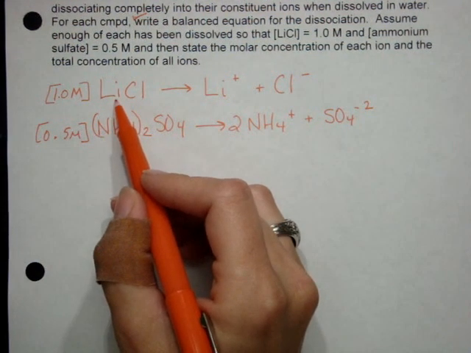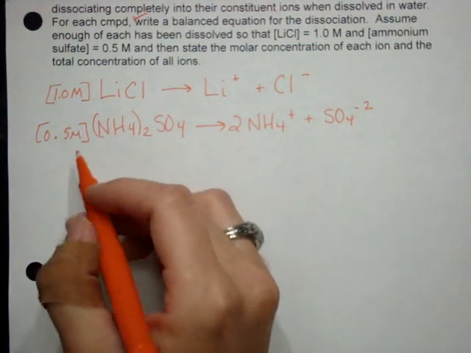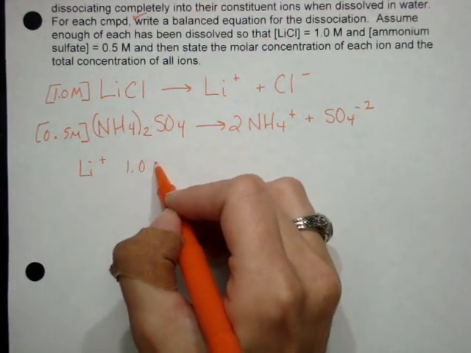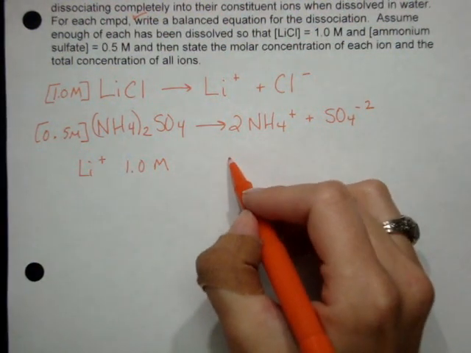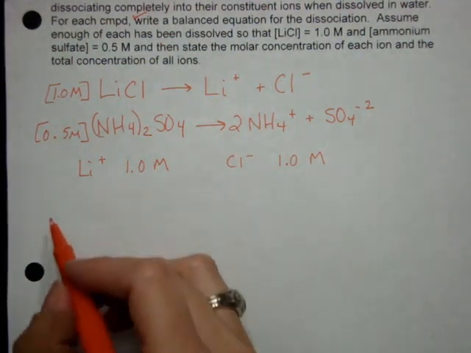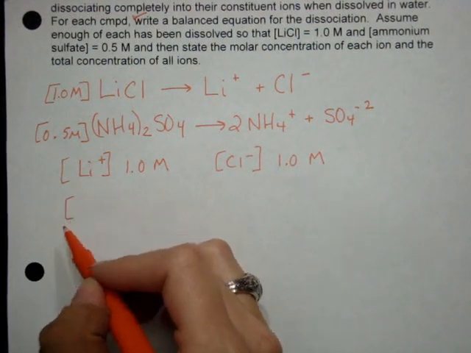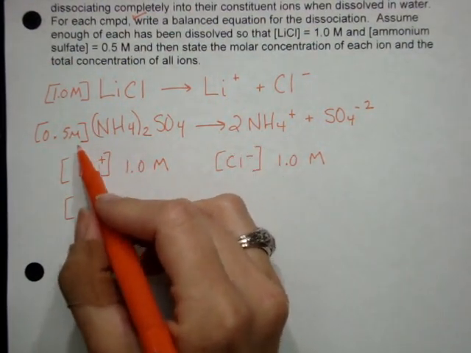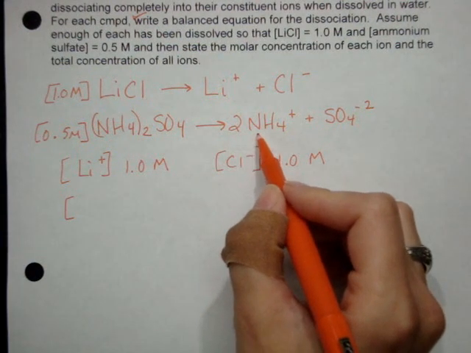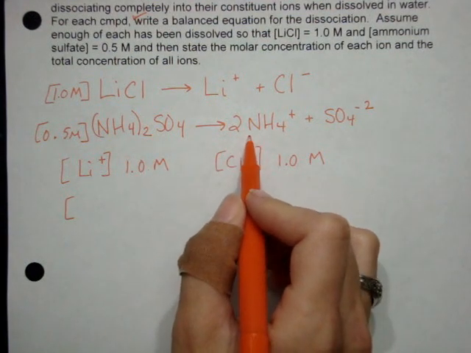So if you had 1 mole of lithium chloride, then you have 1 mole of lithium ions and 1 mole of chloride ions. So for the lithium ion, it's still 1 molar. For the chloride ion, it's still 1 molar. For the ammonium, it's 0.5 molar within the compound, but when it dissociates, each ammonium sulfate produces 2 ammoniums.